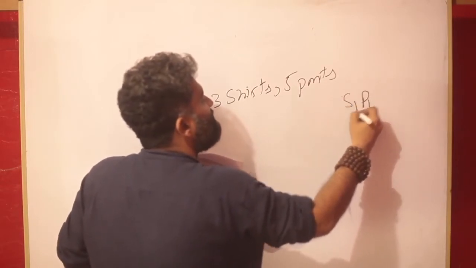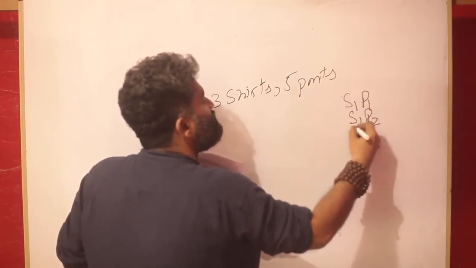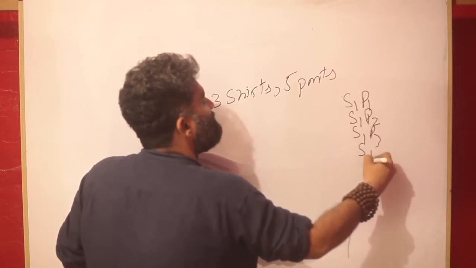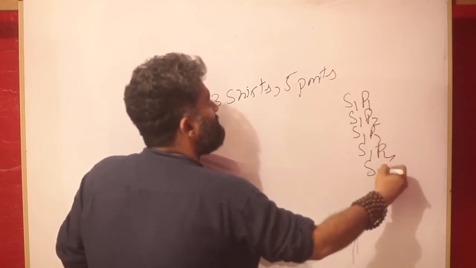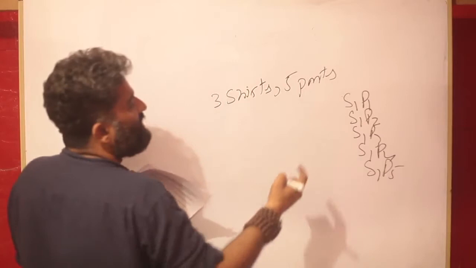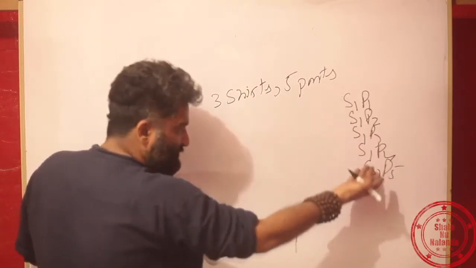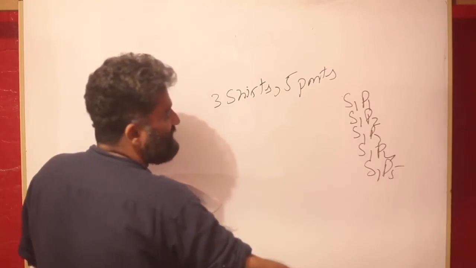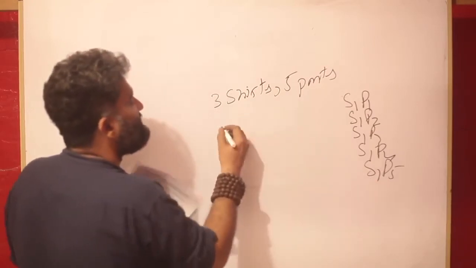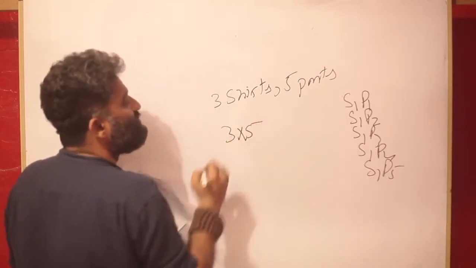Shirt 1, pant 1; shirt 1, pant 2; shirt 1, pant 3; shirt 1, pant 4; shirt 1, pant 5. I see that for each shirt there are 5 options. Now you can write the table for S2 and S3 also, or you can notice the pattern and say my answer would be 3 into 5.